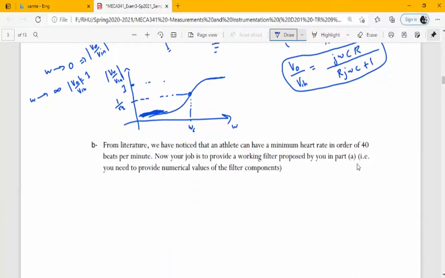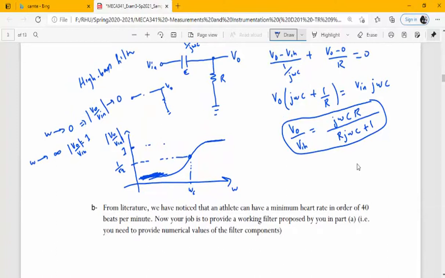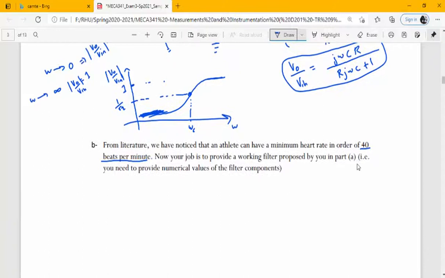So in order to use this device in practice, we noticed that an athlete would have a minimum heart rate on the order of 40 beats per minute. 40 beats per minute is the number of oscillations, the number of cycles per minute, and therefore this is the frequency.